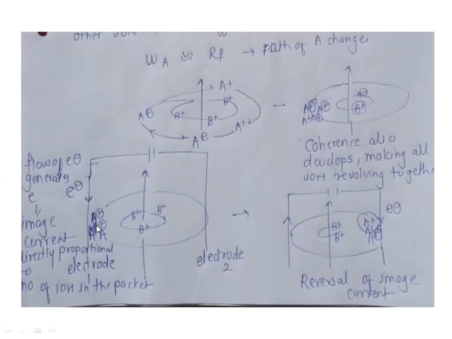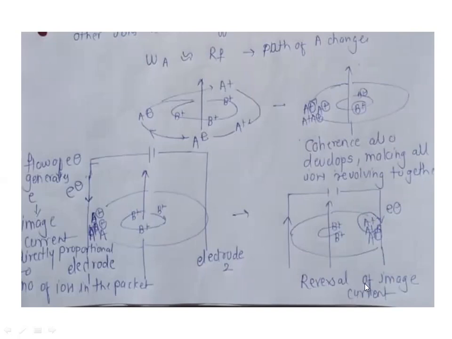When A plus approaches electrode 1, it's going to call for electrons from the external circuit. So electrons are going to move in this direction as A plus approaches this plate. Now when A plus moves in this direction and approaches electrode 2, the flow of electrons is reversed.